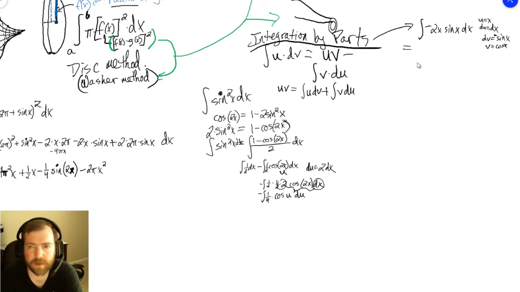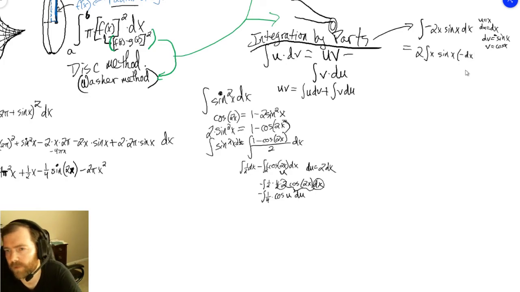We're just going to kick that outside and make it 2 integral x times negative sine of x dx.